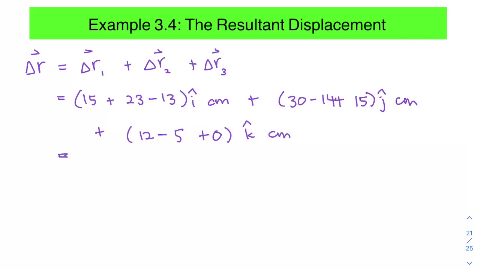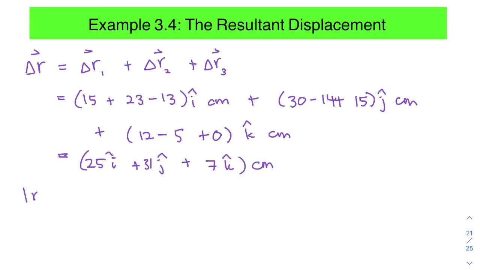So where you're going to have 25i plus 31j plus 7k. All of it in centimeter unit.